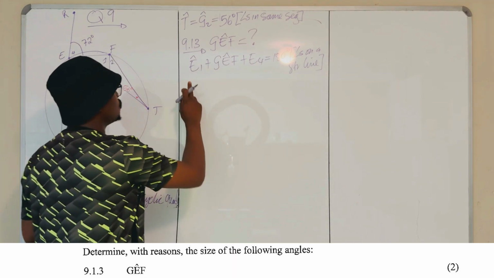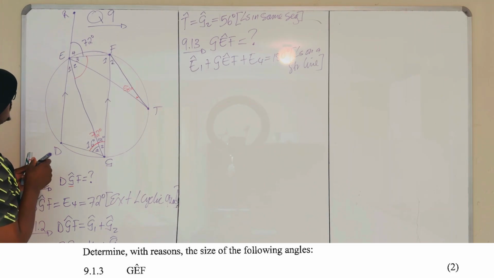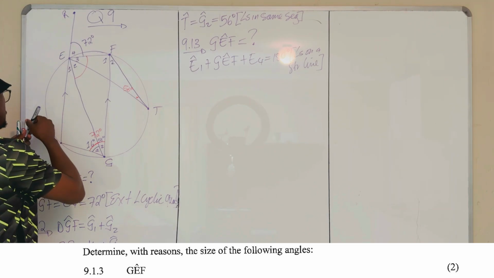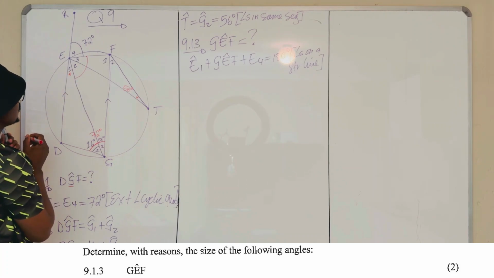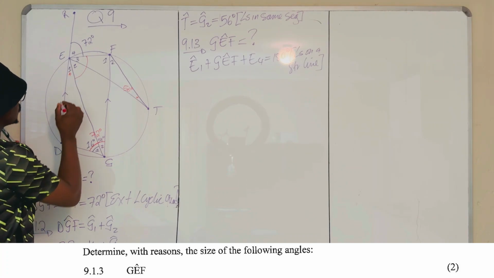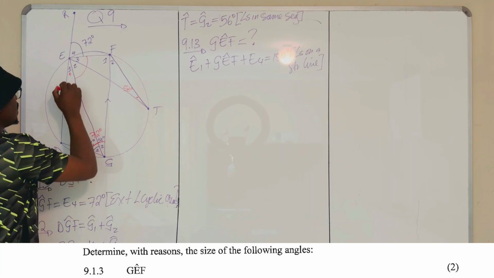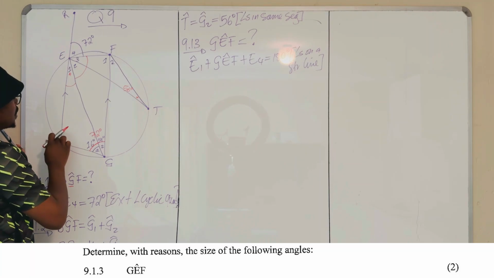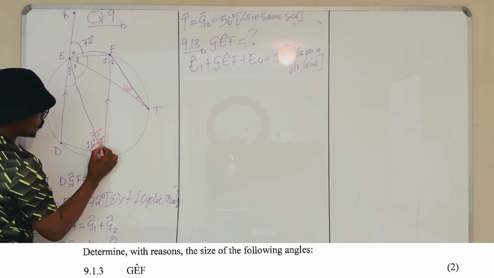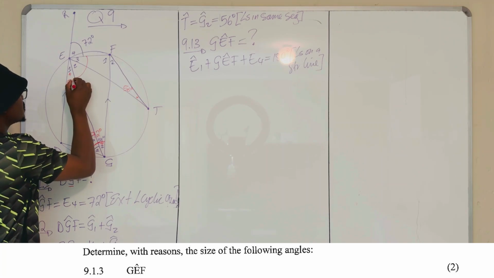So do we have E1? No, we do not have E1, which is this angle over here. But we can find it. How? Because look, this angle is formed between this line and the parallel line. So this angle and this angle are going to be equal because these are alternate angles. So this is also equal to 56 degrees.